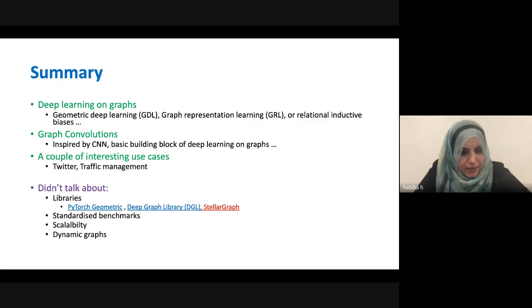Scalability, and I misspelled scalability. The problem is that when you have to productionize any system, you want to be able to train it on a huge amount of data. For most machine learning methods, you can use parallelization. With graphs, because of the connectivity, it's still very challenging.